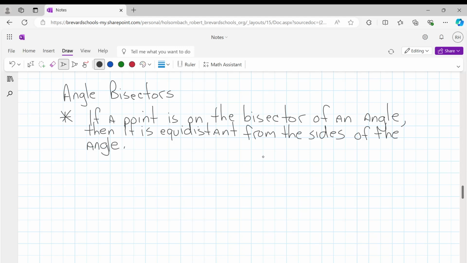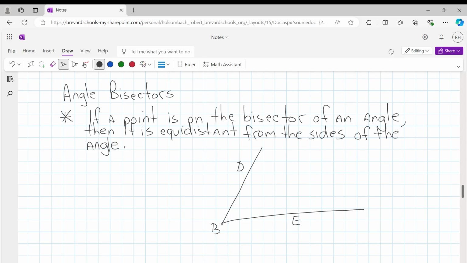So if you draw an angle on your paper, and we'll call it DBE. A bisector of an angle is a segment that splits an angle in half.